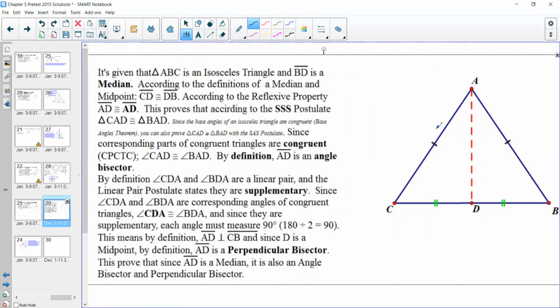I'm just trying to reinforce the idea of getting you to put different information together that you've learned. And I'm trying to reinforce that, for a median, notice this is an isosceles triangle.